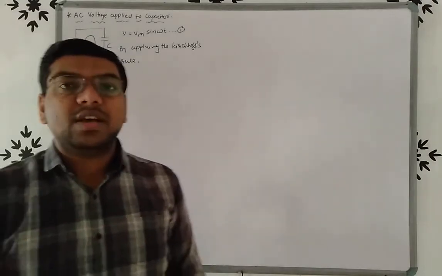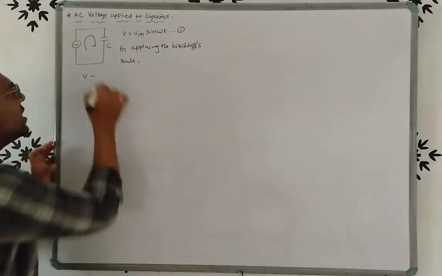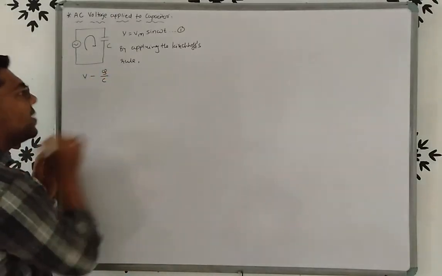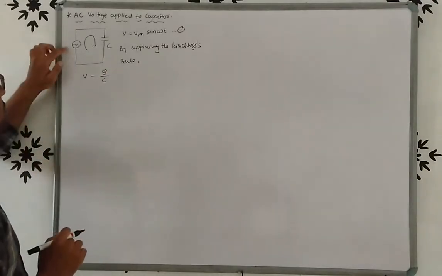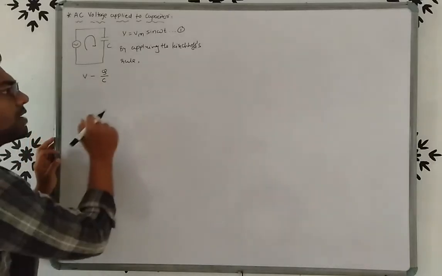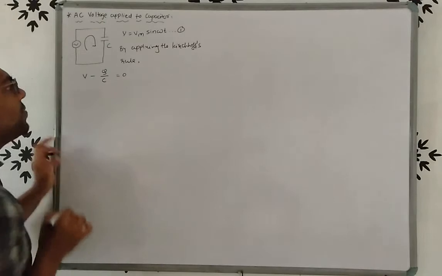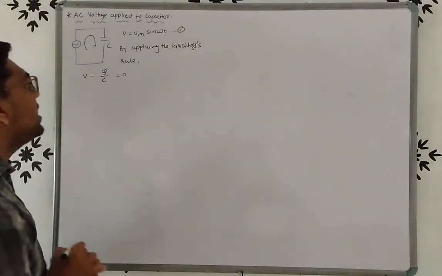We know that Q is equal to CV, so V is equal to Q by C; the potential of the capacitor is Q by C. By applying Kirchhoff's rule we get V minus Q by C is equal to 0. But we know that V is equal to Vm sin omega t.